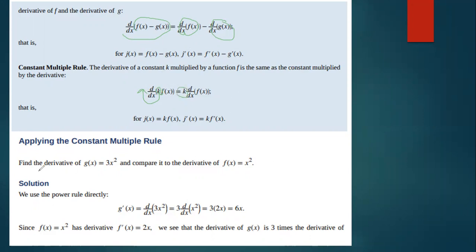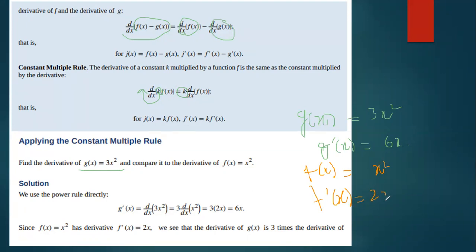Now let's find the derivative of g(x) and compare it to the derivative of f(x). First, g(x) equals 3x squared, and its derivative equals 6x. Second, f(x) equals x squared, so the derivative of f(x) equals 2x. So this means 2x and 6x.